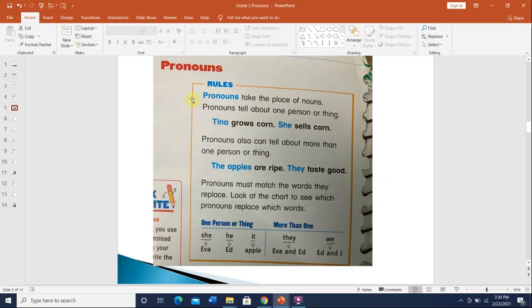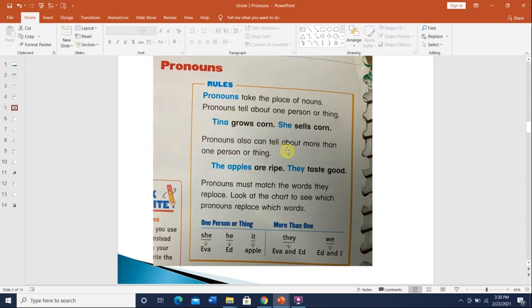Here it says pronouns take the place of nouns. Pronouns tell about one person or thing. Tina grows corn. Tina is a female, so we replace Tina with she. She sells corn. Pronouns can tell about more than one person or thing.